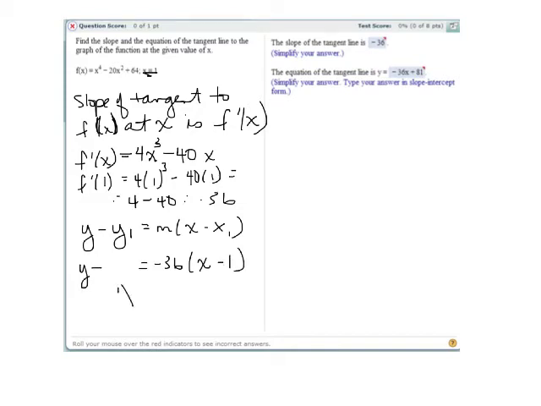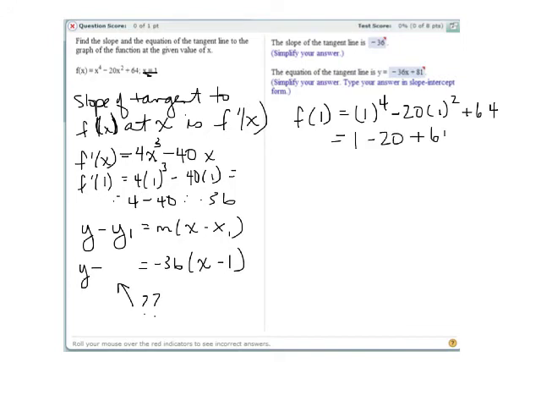Now, how do I find the y coordinate? Well, I have an x coordinate, so if I want to find the y coordinate, all I have to do is plug it in. So I will need to find f of 1 in order to find the y coordinate. 1 to the 4th power minus 20 times 1 squared plus 64 is equal to 1 minus 20 plus 64, which is equal to 45.